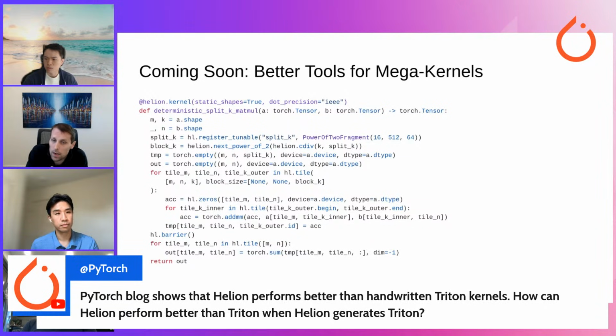Helion, because it's a higher level language and uses an autotuner, is able to generate from a single Helion kernel thousands of different, often very different Triton kernels. That autotuning process means Helion is trying a superset of the search space that would be covered by a human-authored Triton kernel. The performance results show how consistently we're able to beat Triton, which shows that tuning is really important.